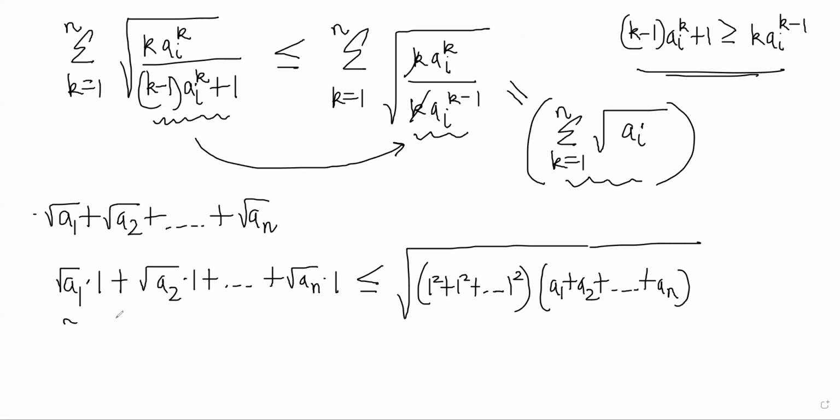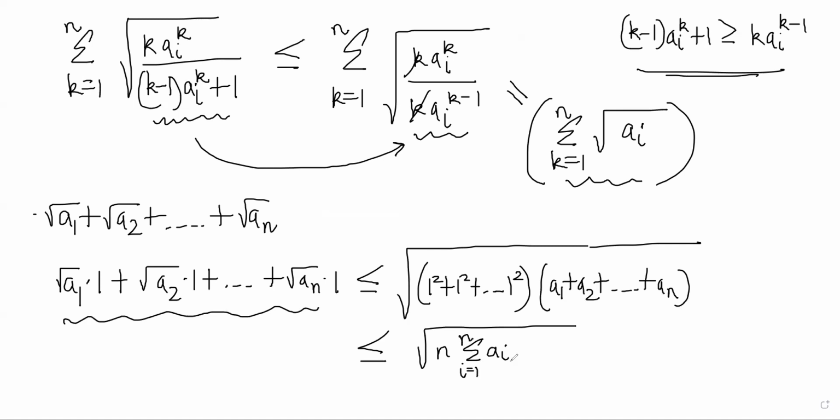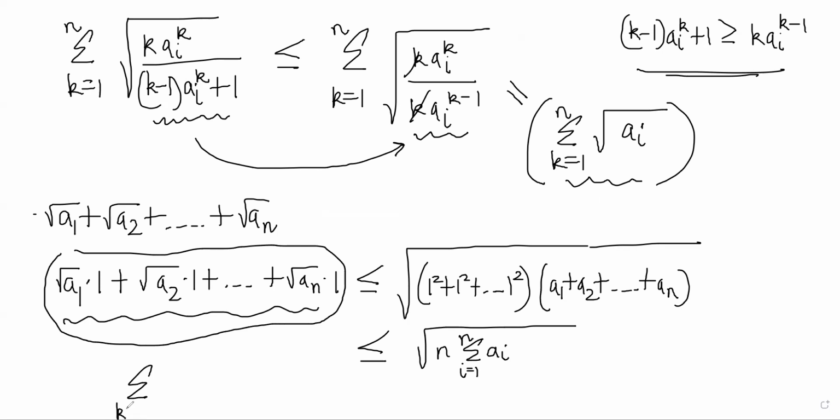So we know that this quantity is less than or equal to root over n times the summation of a_i, where i goes from 1 to n, right? Correct. So this quantity, which was the summation of k goes from 1 to n, I have written the summation wrong here, by the way.